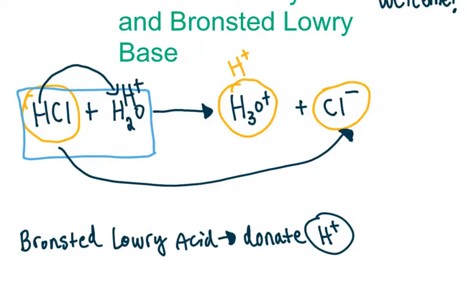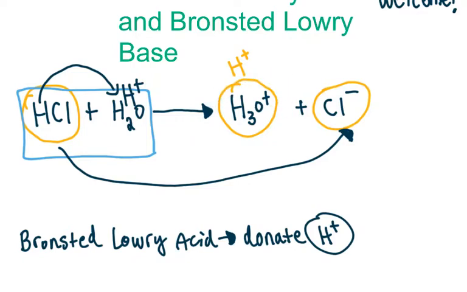So our Bronsted Lowry acid is the one that donated that hydrogen cation, that proton. We can see clearly that our HCl donated the hydrogen proton to H2O, because now we see we lost a hydrogen cation. So we had to have donated it somewhere, and we donated it to our friend H2O here.